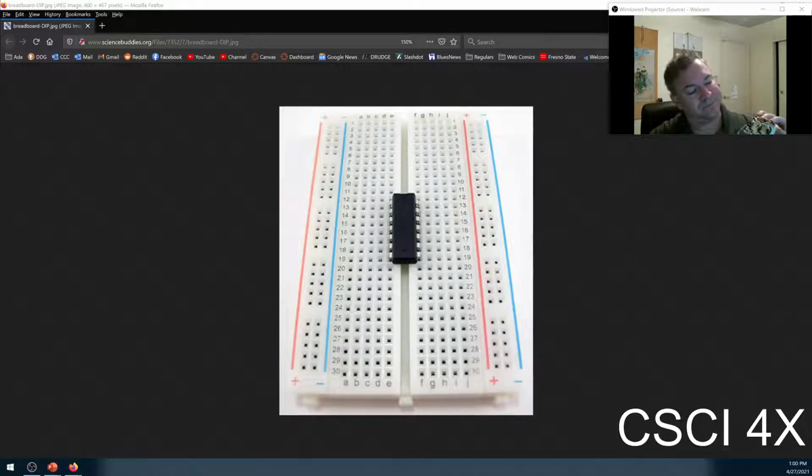So you can see I've got a bunch of little jumper cables here, like the little blue one where I'm tapping. That's running from the hot rail into row 28 right here, and that is attached to this button. On the other side of the button, I've got a resistor, and the output of that goes into an LED.